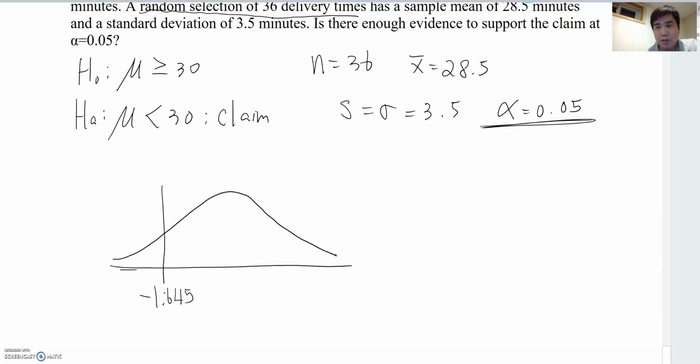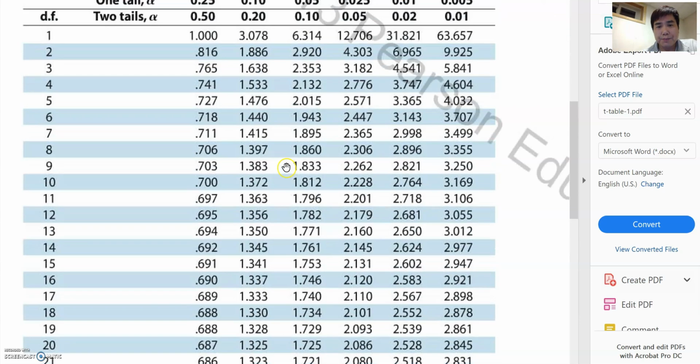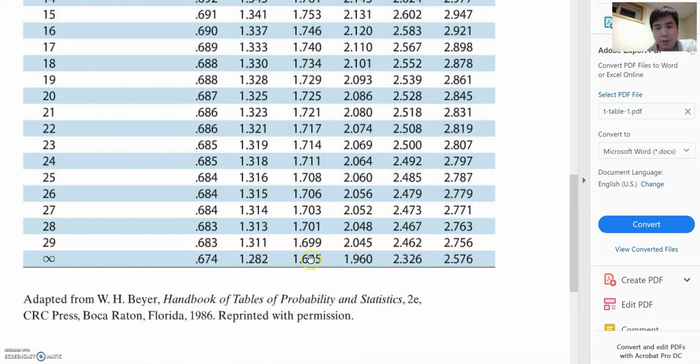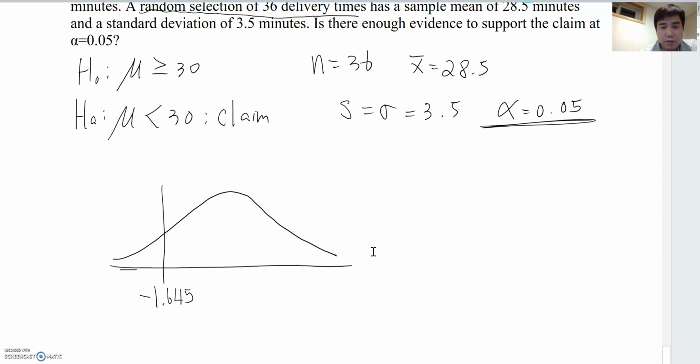So it is clear why I put negative 1.645. Once again, we use the t-table, find one tail alpha 0.05, go down, and there is 1.645. If it is left tail, then negative. Right tail, then positive. That's the reason. Now, since it is left tail, this becomes HA and this becomes H0 here.